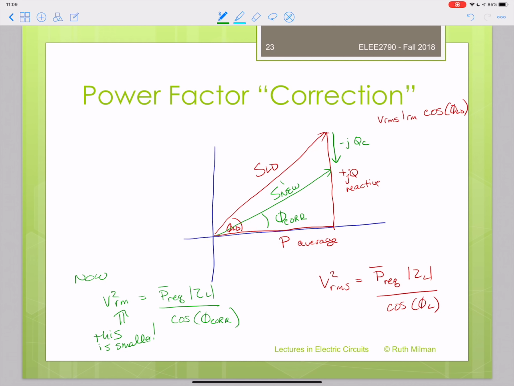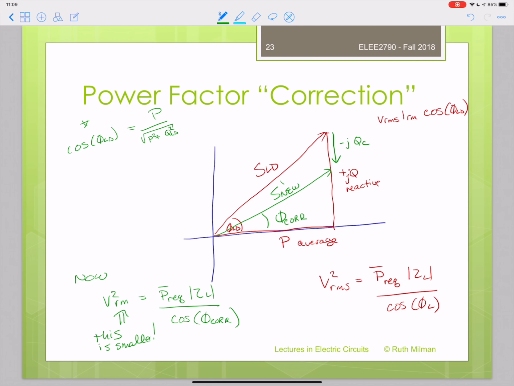If we want to see what these power factors are, we can note that the cosine of the old value is equal to the average power over the square root of the average power plus the reactive power, each of those squared.